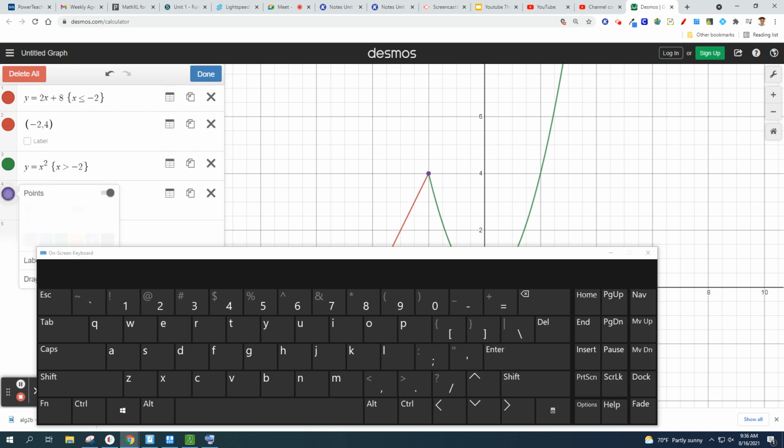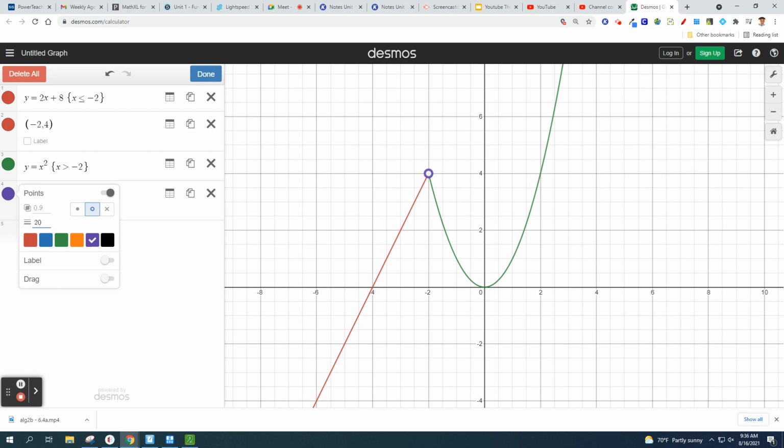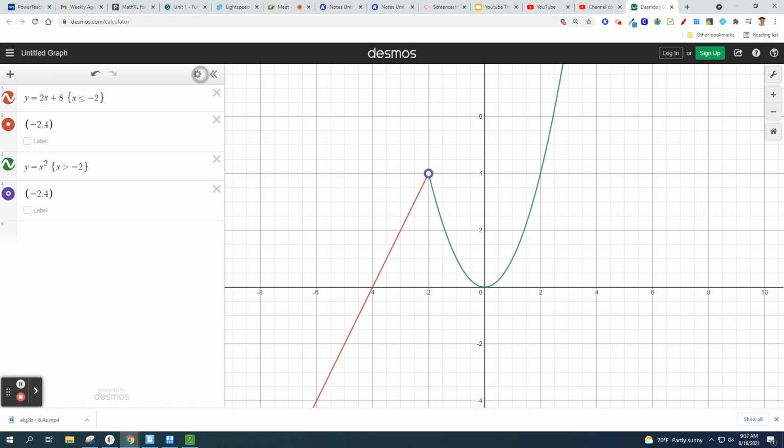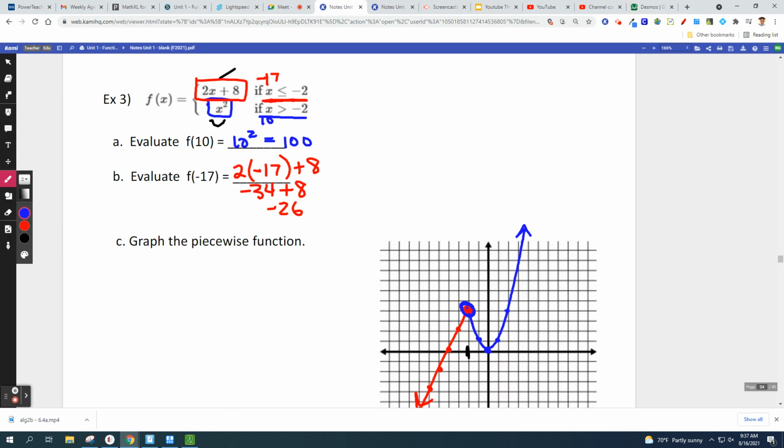Only this time, it's got to be an open circle. I don't like how that one kind of disappeared. That's weird. But here, done. So the red circle is filling up, the purple circle is what's happening. But that's exactly what we've got graphed here.